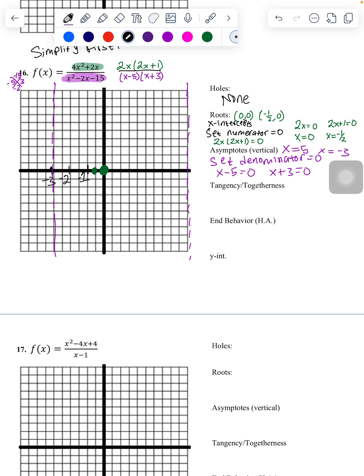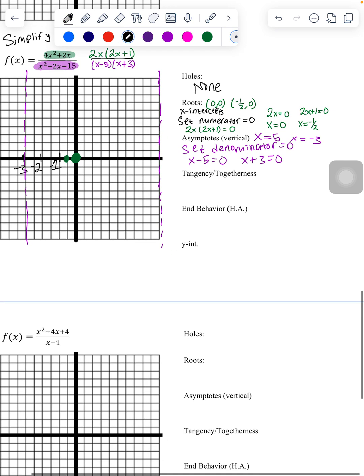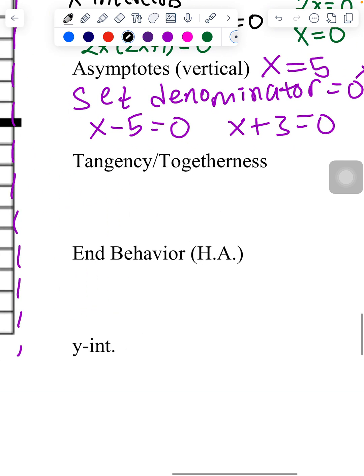Now, tangency and togetherness. I don't think I'm going to have either of those here. I'm going to explain why in just a second. So tangency is when I have some sort of an x squared term in parentheses on the top, say over x plus 2, just for funsies.